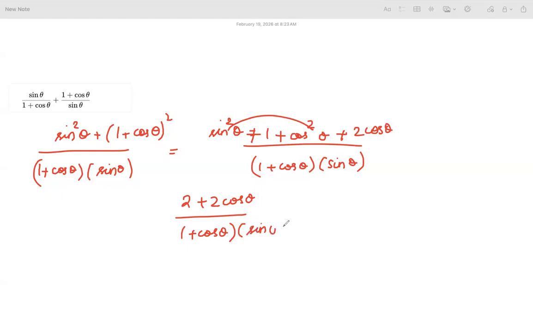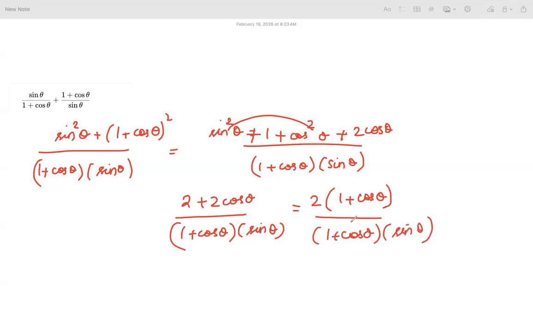I'm only discussing the very basics. We'll see more next week, okay? Initially it's tough, but once you get used to it, it's very easy. Yeah, Advik, but then you can see 2 by sine theta can be written as 2 cosecant theta, right, ma? Initially it's a little tricky, but once you get the hang of it, it's very easy.